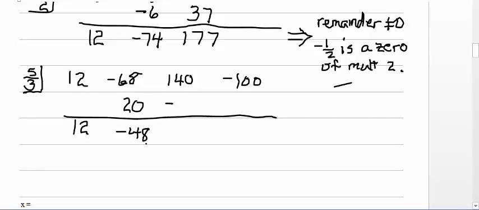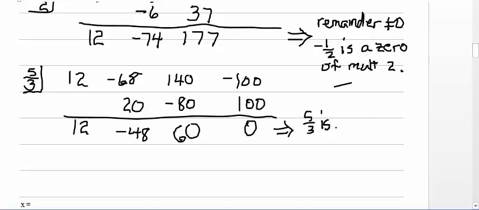When I multiply that by 5/3, I get negative 80. Adding that to 140 gives me 60. 5/3 times 60 is positive 100. And this remainder is 0.